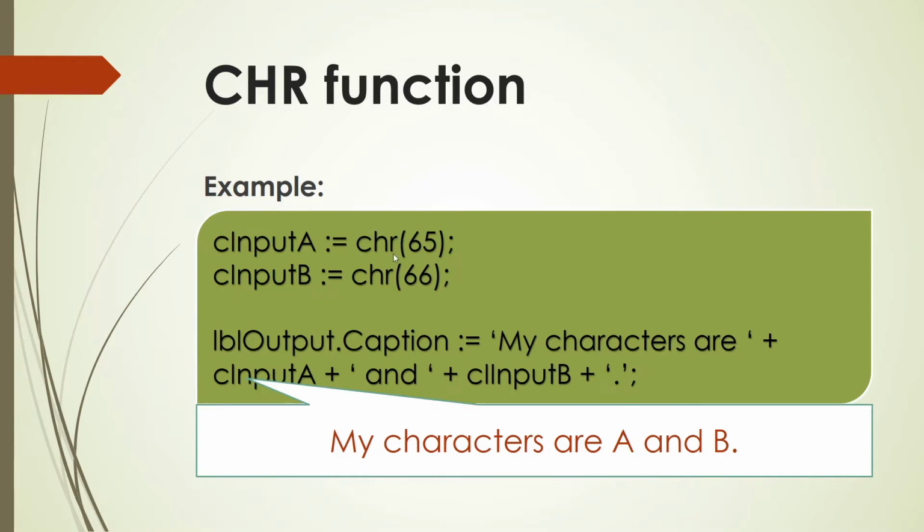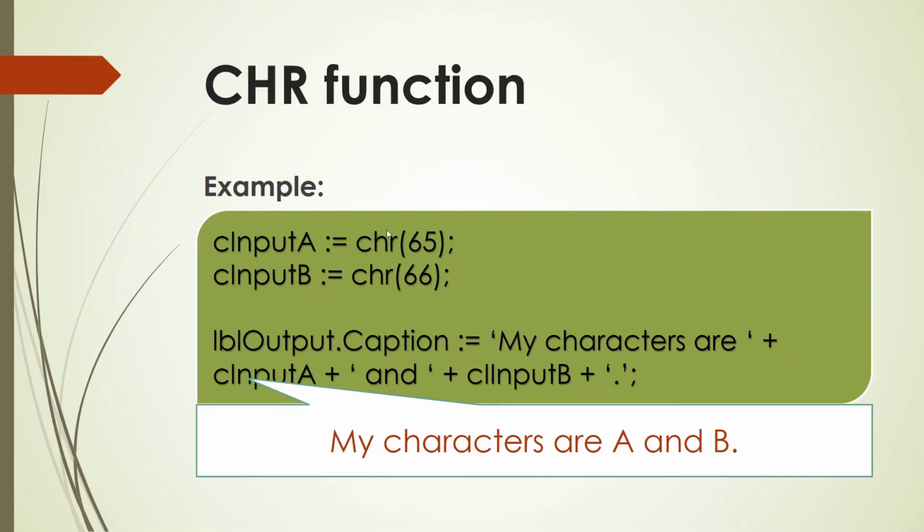On the ASCII table, the character of the decimal value 65 is a capital letter A. The character of the decimal value 66 is a capital letter B. And if I had to use 97, it should give me the small letter A.